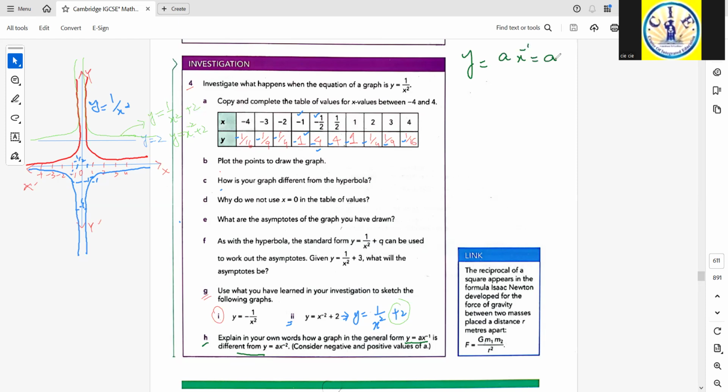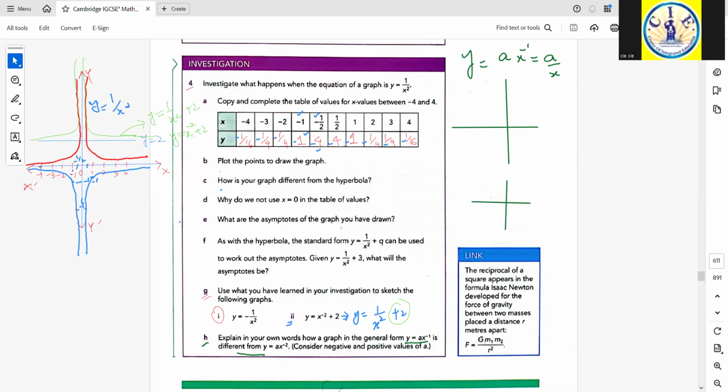This can be written as a divided by x, and its graph is going to be, as we have seen already, like this or like this.